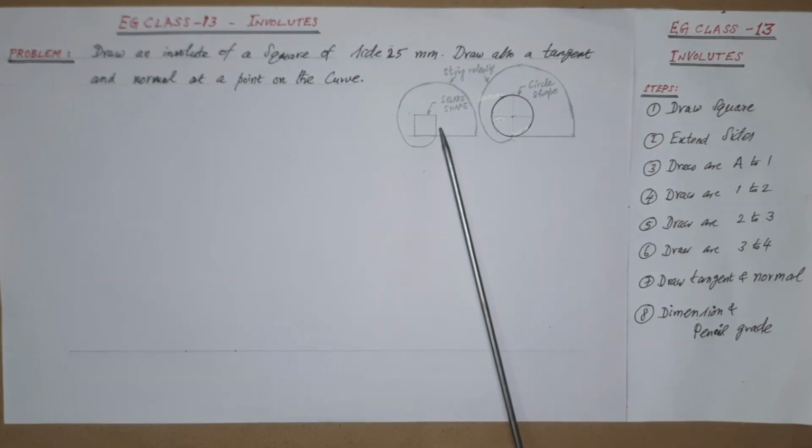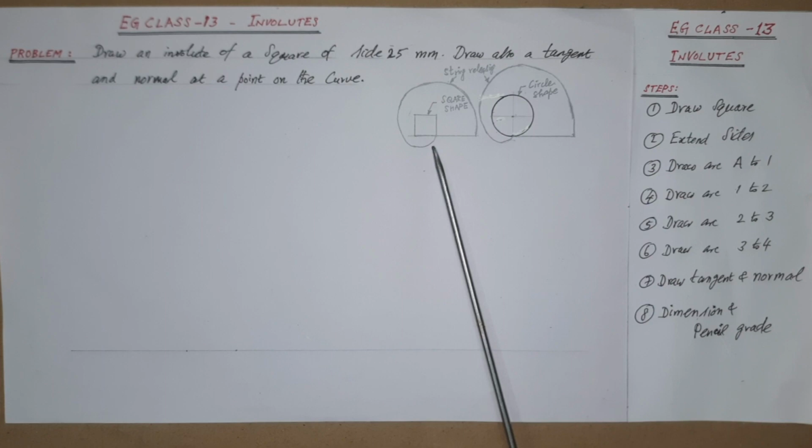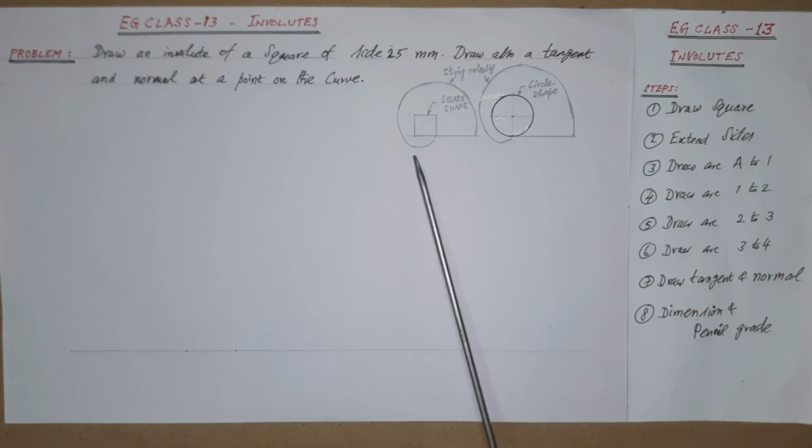Assume now the string or rope is released tightly from the square or circle without slackness in that string, then the end point of the string will make a path if allowed, as shown in the figure. This curve is called involute.